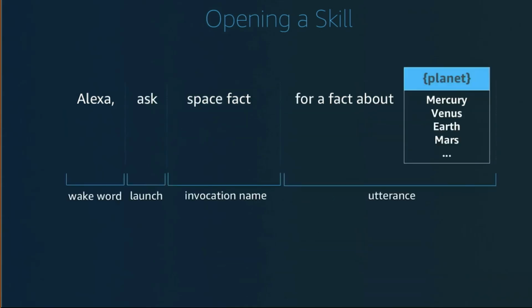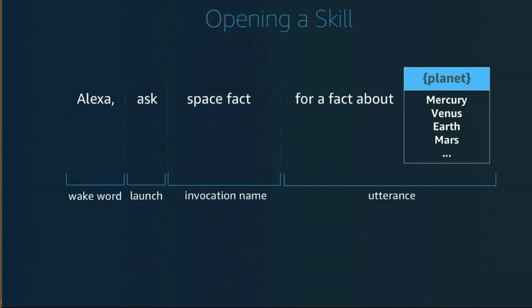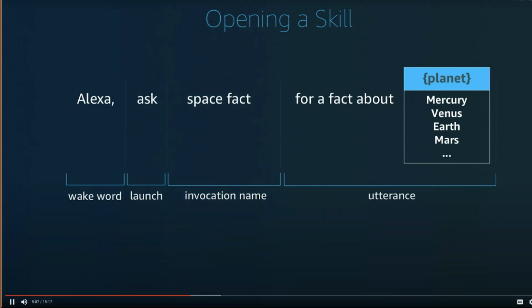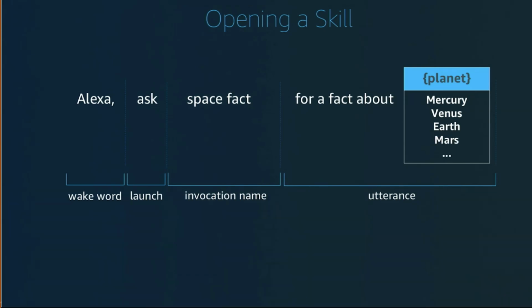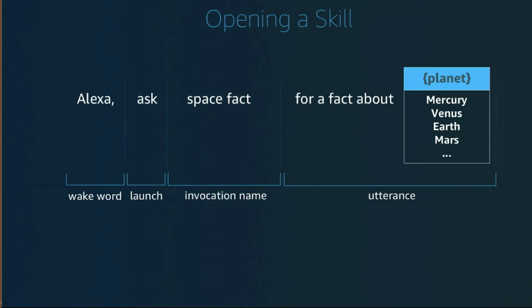So, just to recap, we have Alexa, which is the wake word, the launch phrase, which can be ask, open, begin, launch, the invocation name, which you decide for your skill, and the utterance. The utterance is what the user says, which maps to a specific intent. And in the case that your intent needs a slot, then that slot will be picked out from the utterance and sent along with the request, which is a JSON request, and we'll look at that later.